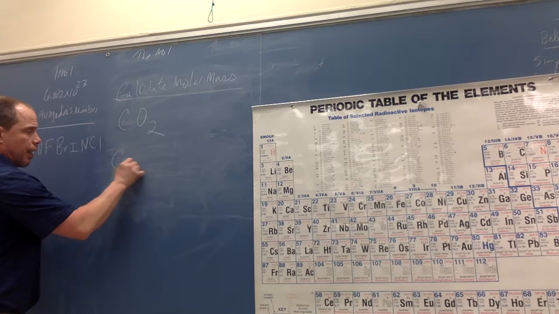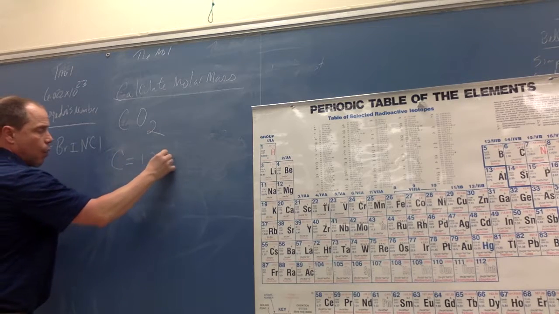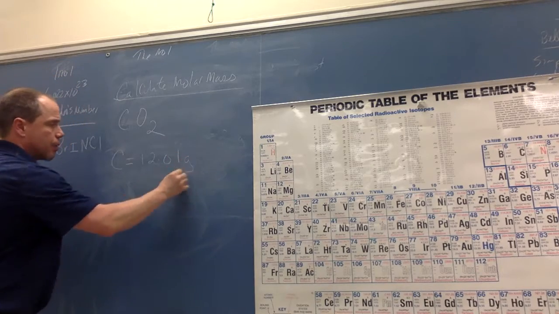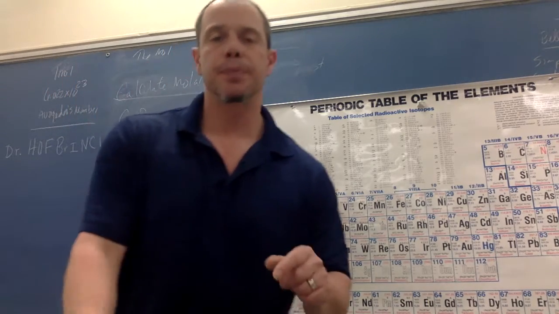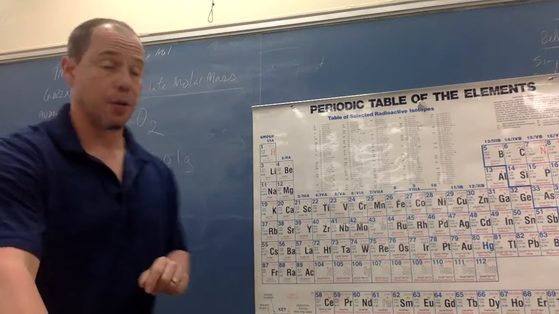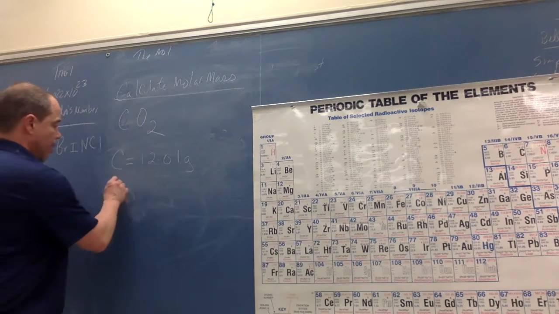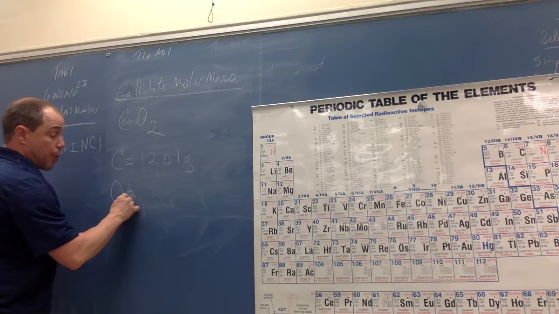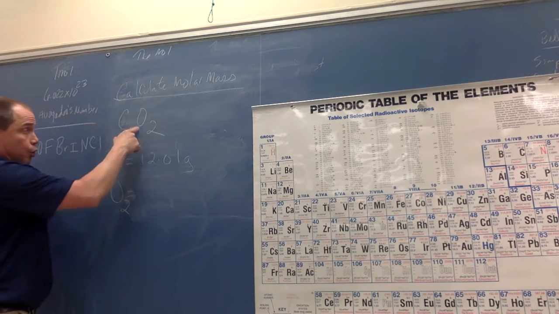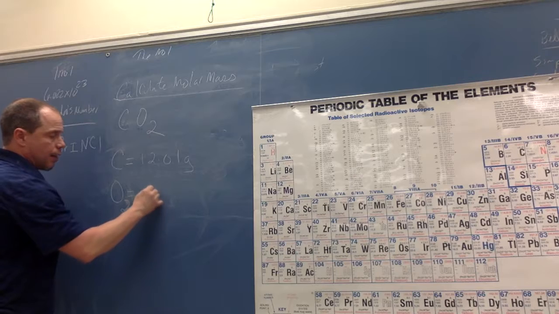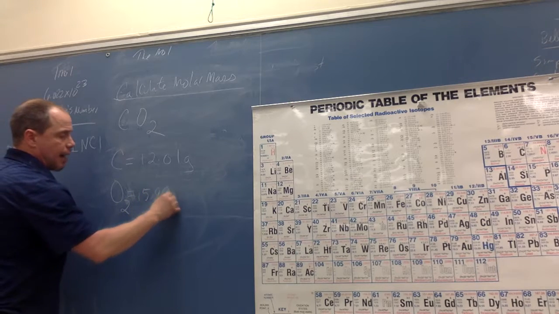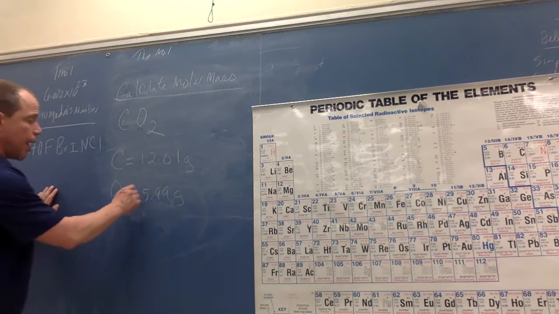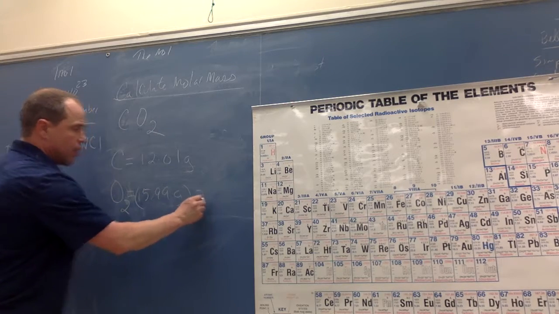Carbon, as we said before, is 12.01 grams. Oxygen, 15.99 grams from the periodic table. Oxygen's molar mass is 15.99. I have 2 oxygens, by the way. 2 oxygens is 15.99 grams, and since I have 2 oxygens, I multiply it by 2.